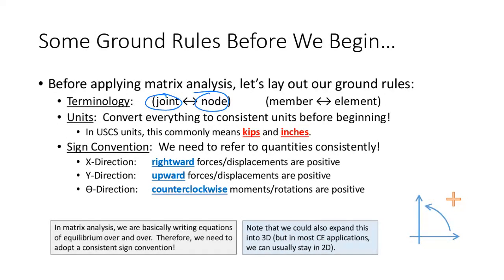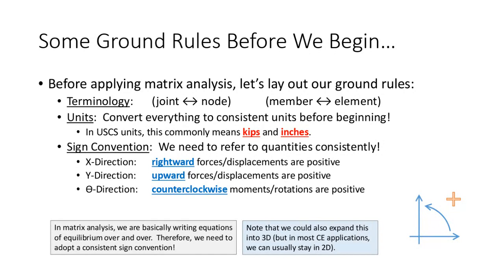So a member would have two nodes, one on each end, or an element would have two nodes, one on each end, which goes into the next point. I'm going to use the term member and the term element interchangeably, so they basically mean the same thing. In fact, even RISA recognizes this. If you go into joint coordinates, like you're defining the joints, and you just start using the automatic naming, how does RISA automatically name joints? It says N1, N2, N3, N4 because it's calling them nodes. So those are very interchangeable terms. Okay, so that's the first point.